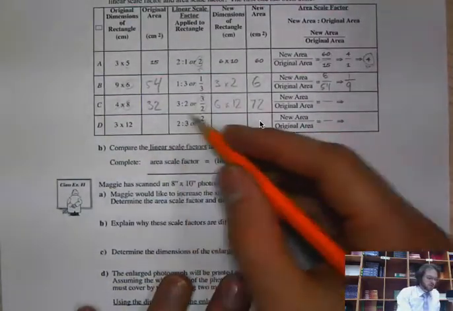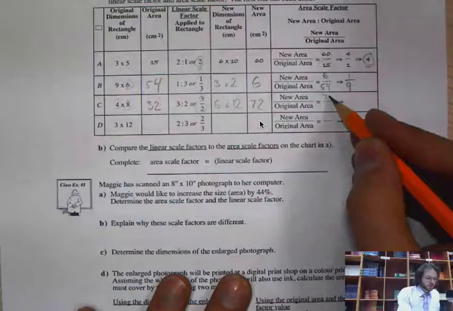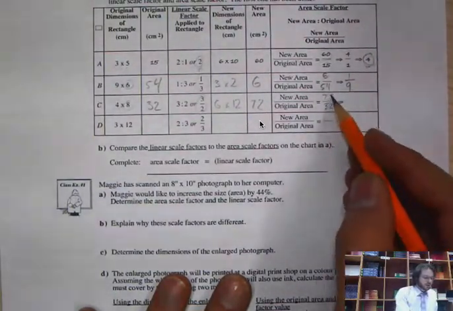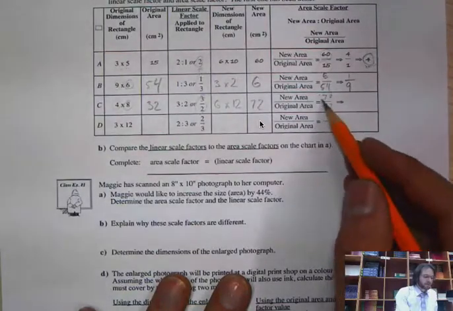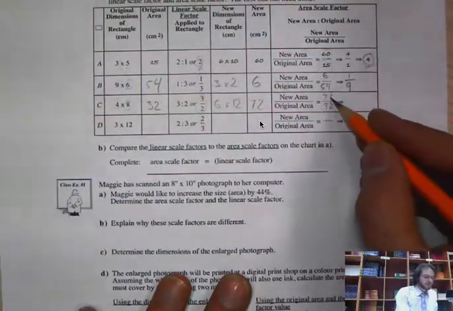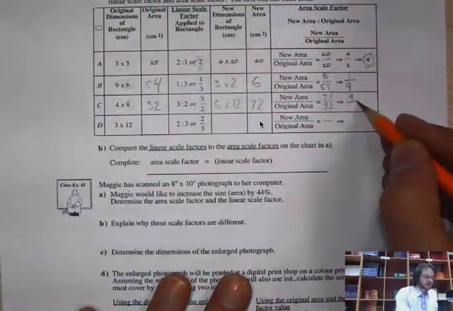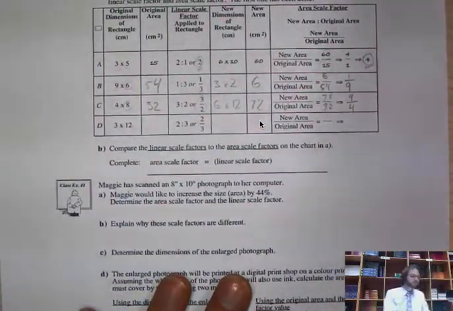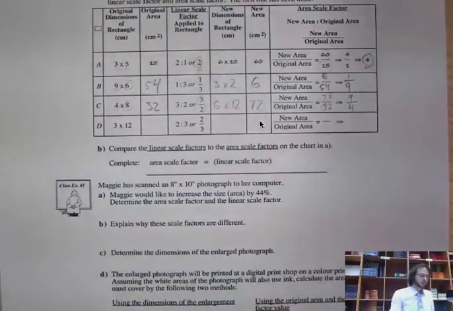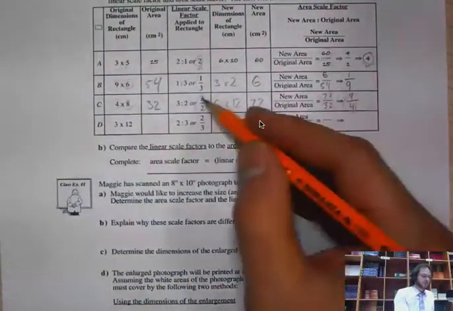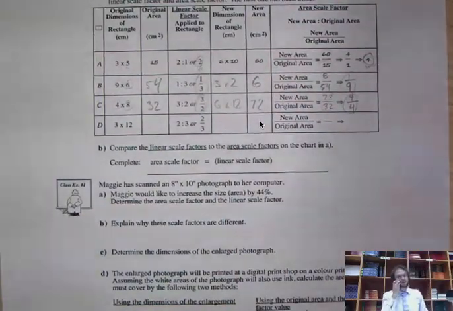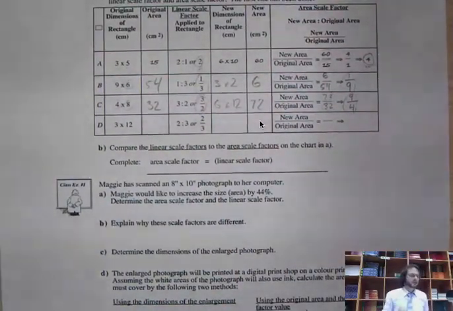So my new divided by old is 72 all over 32. Both of these can be divided by 8. 72 divided by 8 is 9, and 32 divided by 8 is 4. Okay? There we go. Now, compare this to this, just like we compared this one here to that. Always keep in mind, look at that. Maybe you're starting to see the ratio, or how they relate to each other.